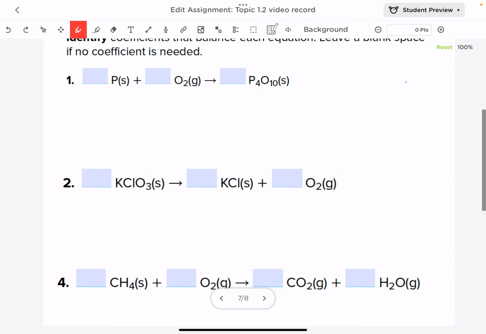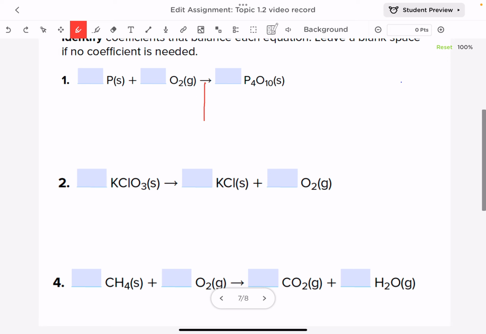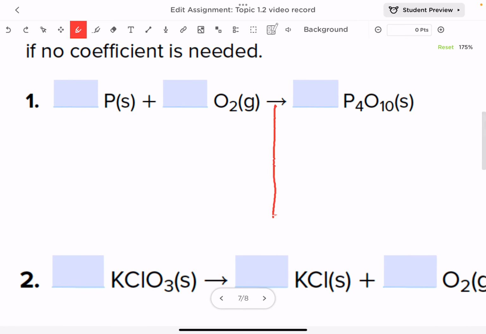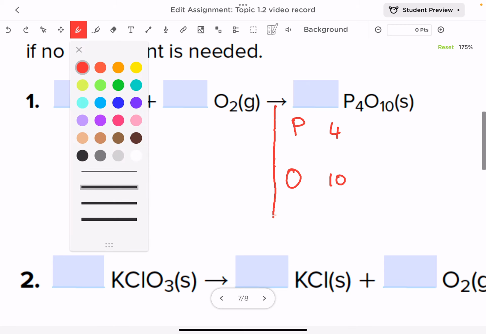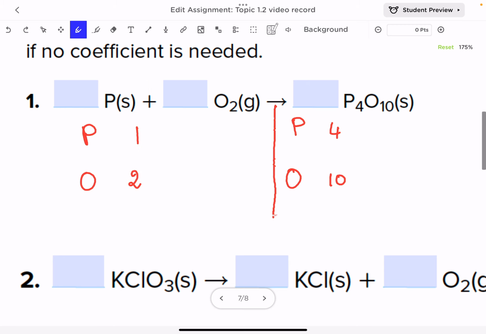Let's take another example. Let's split the equation between reactants and products. On the reactant side, we have 1 phosphorus and 2 oxygen atoms. On the other side, we have 4 phosphorus atoms and 10 oxygen atoms. So we start counting and comparing.